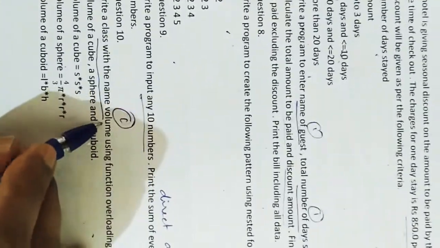So what I'm going to do is import java.util.Scanner for the package. Then I will use a class. Here they have already given the class name as volume, so you have to use that only, otherwise marks will be deducted.